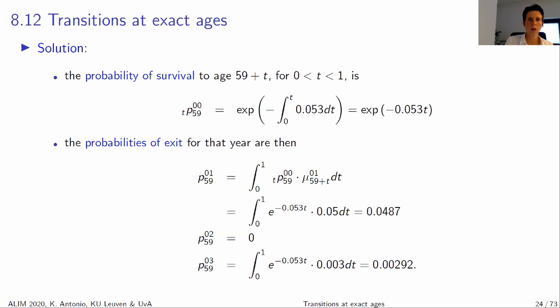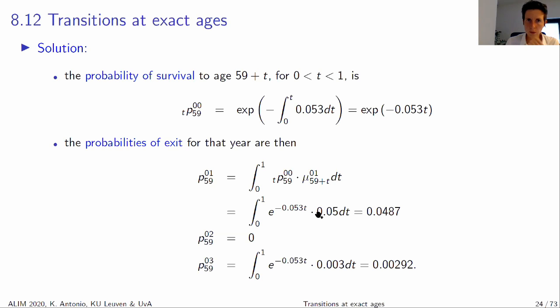Yeah? So these calculations should be clear. So we work from one age to the next, and we're going to do that in this way to make the distinction between what's happening in continuous time versus the transitions that can happen at some specific integer ages.